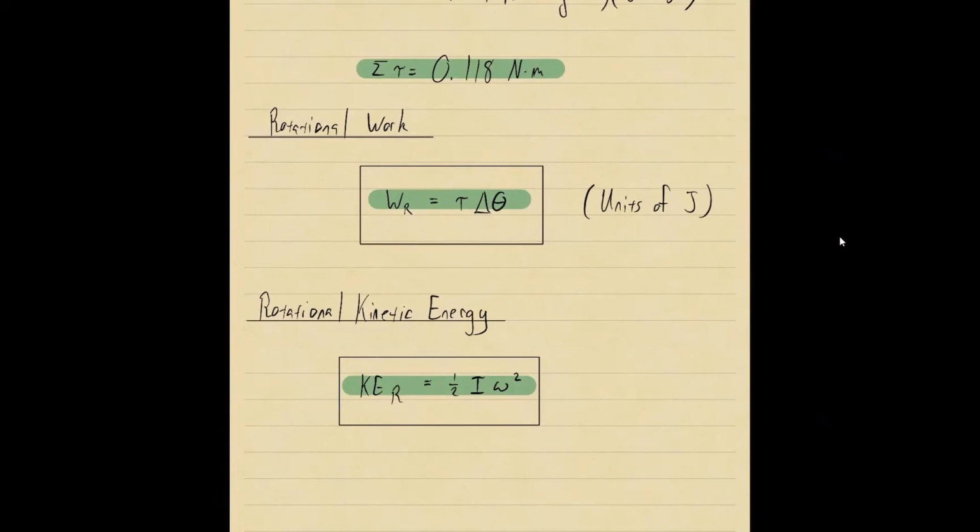Just like how the linear kinetic energy was 1/2 mv squared, now for rotational stuff we have the rotational analog for the mass, which is the moment of inertia, and the rotational analog for our velocity, which is our angular velocity. So this is also going to have units of joules, right?